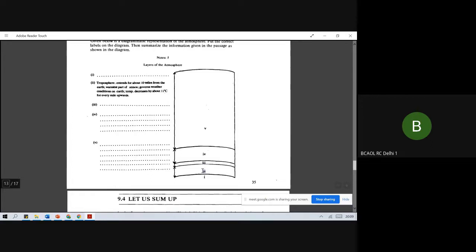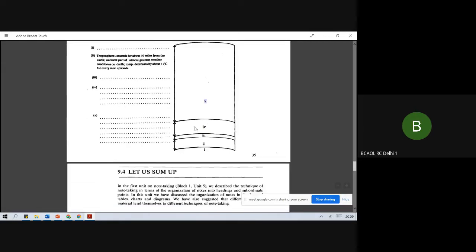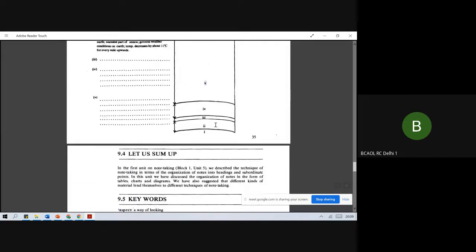And the second level of that atmosphere, third level, fourth level, and what type of atmosphere remains at the top of all the atmosphere. So this is how you can also prepare.